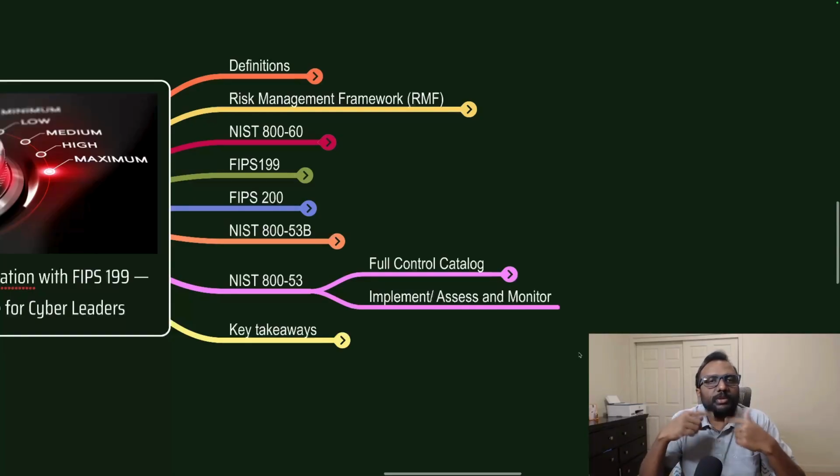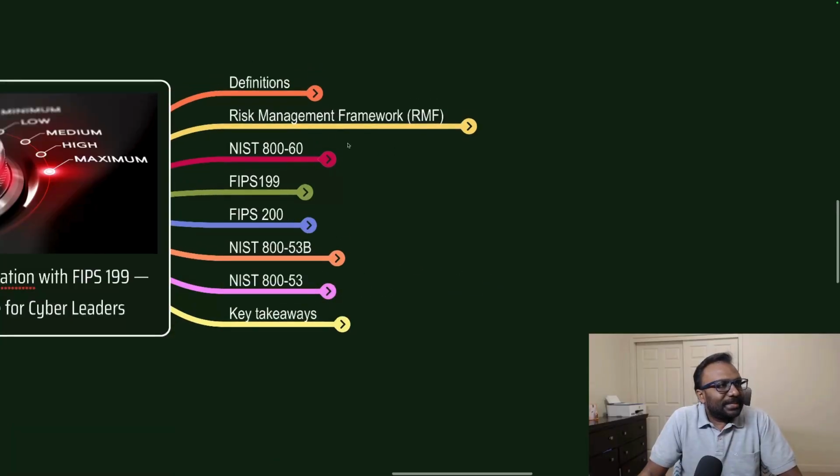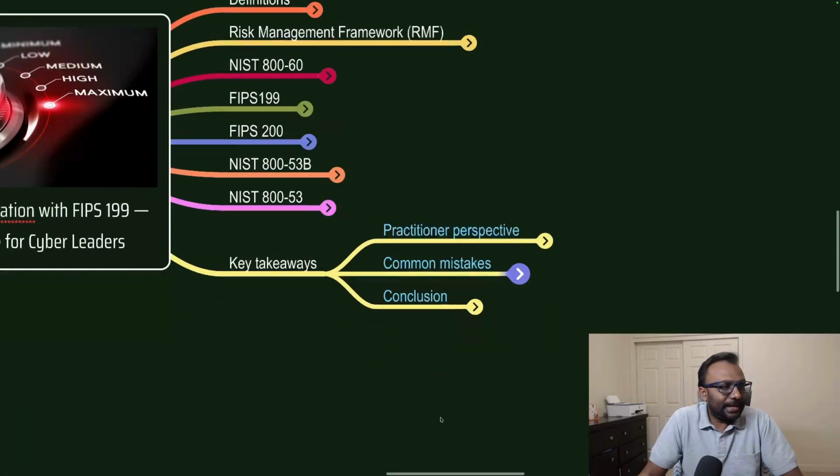Then continuous monitoring: is the system correct, is it bringing additional risk, is it getting deprecated, or is there an update available that has not been applied? All of this is part of 853: implement, assess and monitor. These are the different standards, and we also talked about the act called FISMA. Then NIST 860, FIPS 199, FIPS 200, 853B, 53, and now we come to the key takeaways.